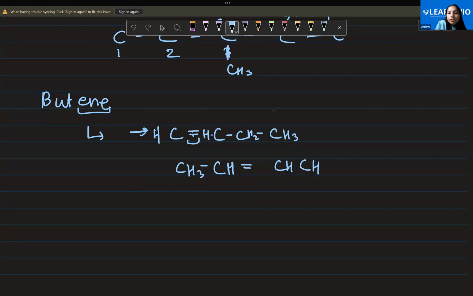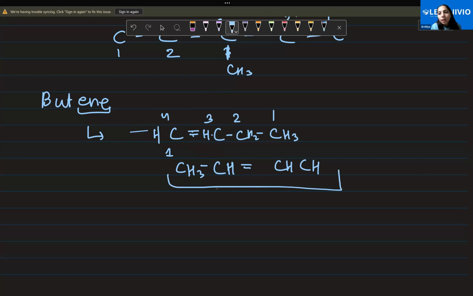I will not start counting from here, 1 2 3 4, where the double bond is at the third position. No, I will start from here, so that my double bond receives the lowest position. So my double bond here is at 2. I'll choose this chain where I can have the double bond earlier.